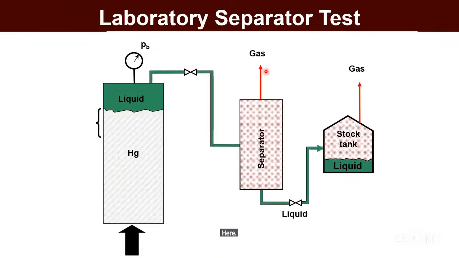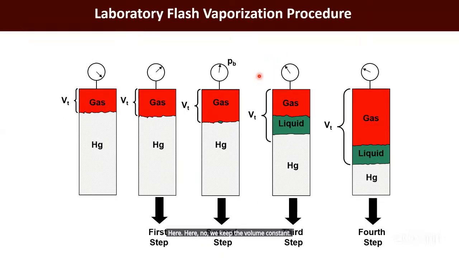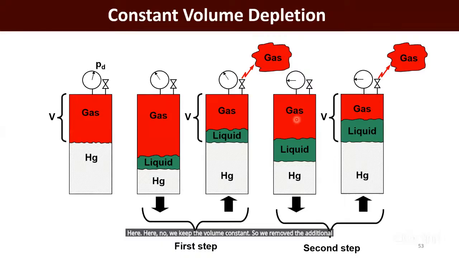Here no, we keep the volume constant. So we remove the additional gas only. So we remove some gas in order to keep the volume the same. So it's called constant volume depletion, and it's a replacement for differential liberation in case of retrograde gas and wet gas.